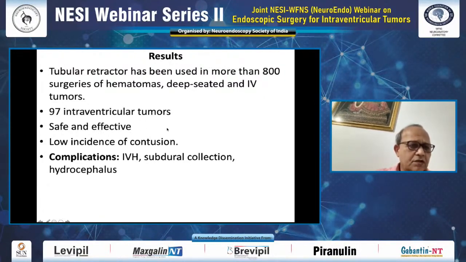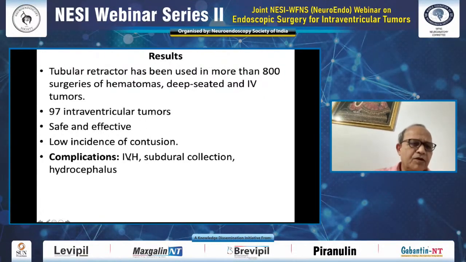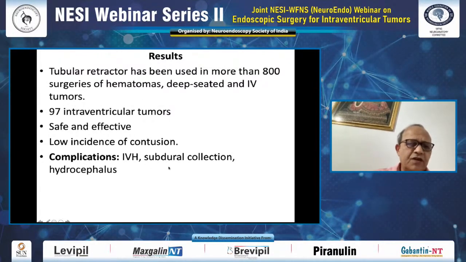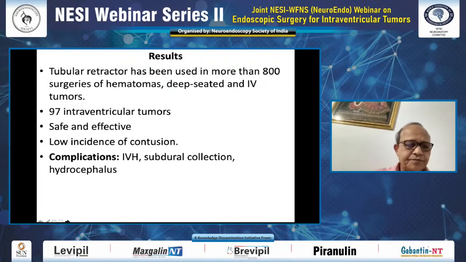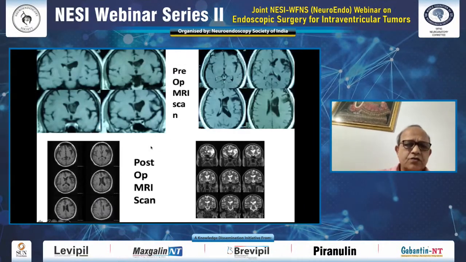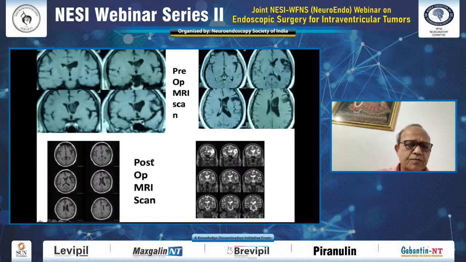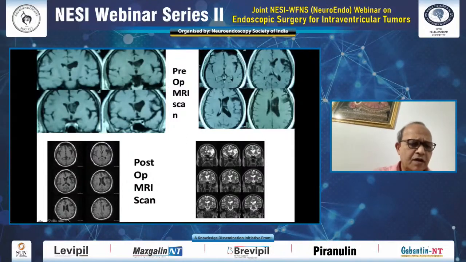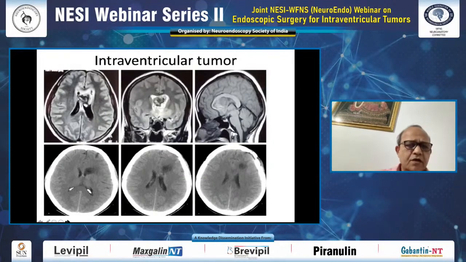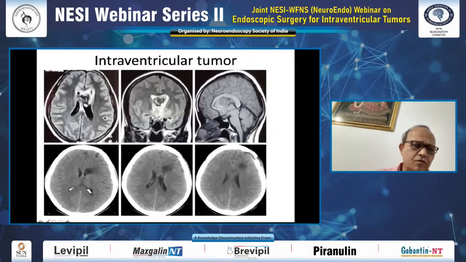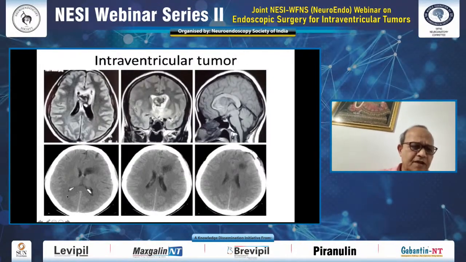There is a low incidence of contusion, but there can be complications like IVH, subdural effusion, or late hydrocephalus. This was pre-op and post-op of a subependymoma, and another intraventricular tumor which was operated in one of the workshops, with complete excision.